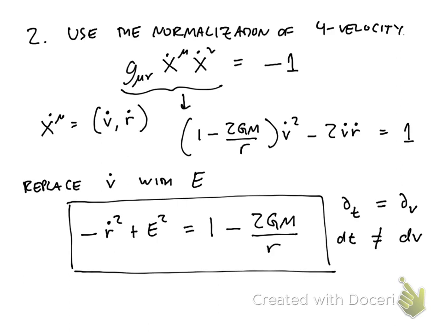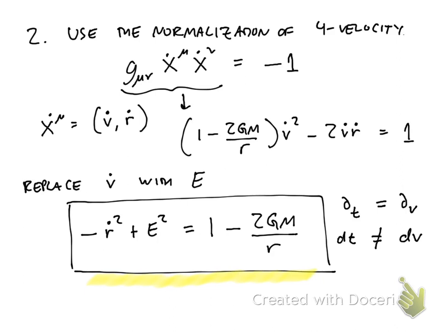And this is not really important for this problem. It's just something to think about if you ever have a moment. In any case, let's forget about that. We have here this equation, minus r dot squared plus E squared equals 1 minus 2GM over r. And now we can use that to figure out the solution to our problem.